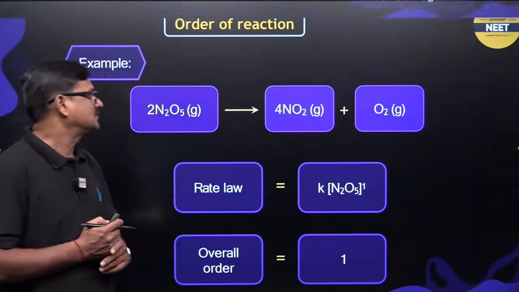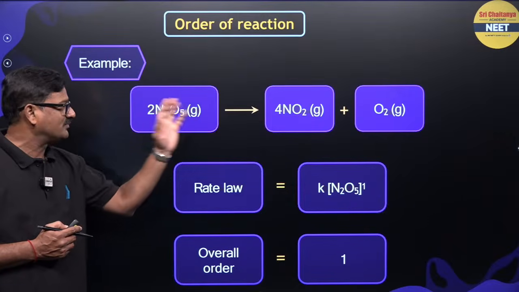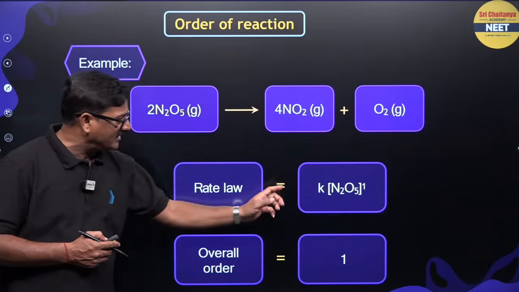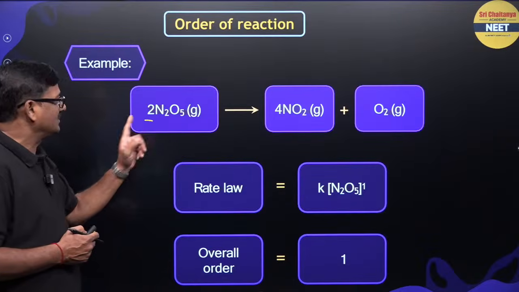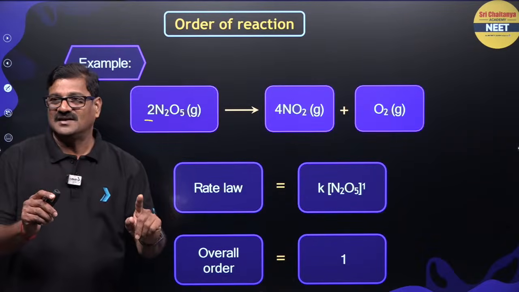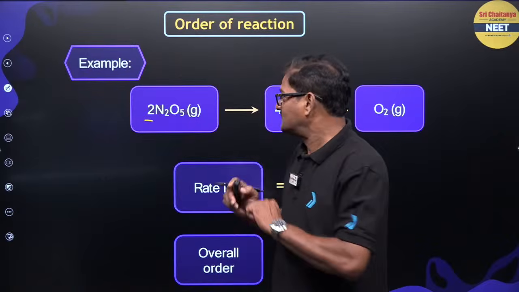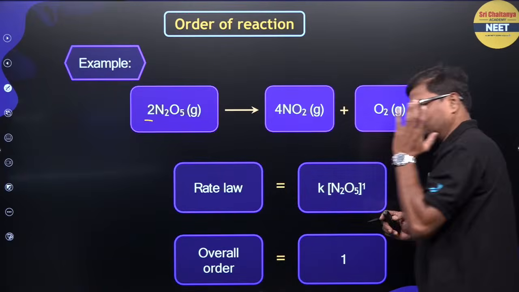ठीक है? And say an example, N2O5 gives rise to NO2 and O2, 2 4 1. Rate law is given as K N2O5. यहाँ पर 1 दे दिया ना, but here 2 दे दिया. It is different. अरे one thing I'll tell you बच्चों, first of all, by looking at this reaction, please don't write rate law.